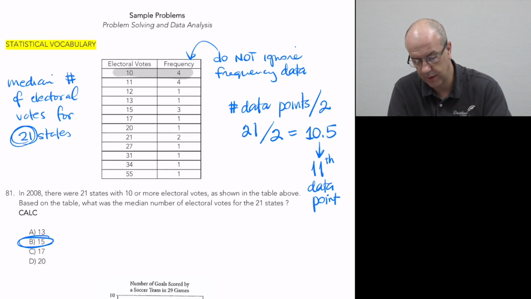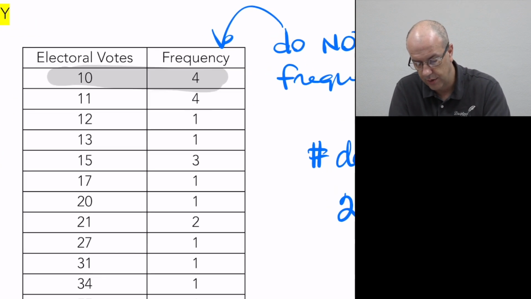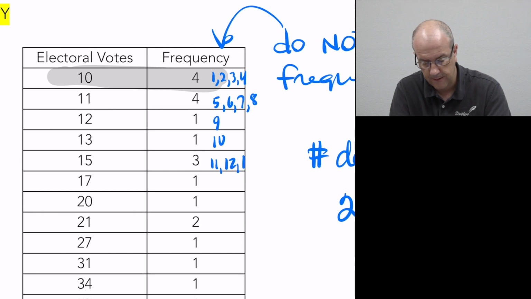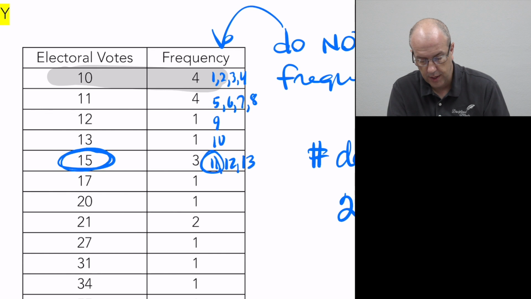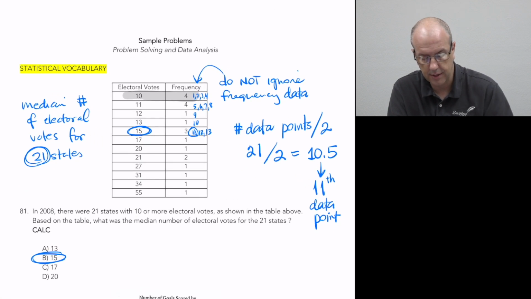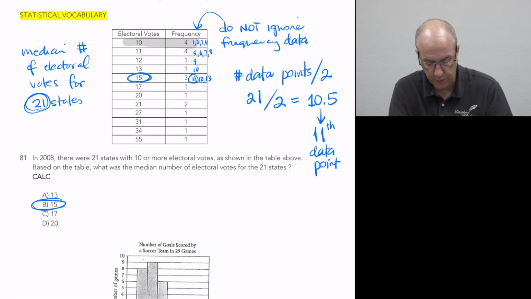So I would zoom in, I would look here, and I'd say, well, this is 1, 2, 3, 4, 5, 6, 7, 8, 9, 10, 11, 12, 13, right? And so my median is here, and the number of electoral votes is 15. So again, that's much, much faster to do than the previous methods that I just showed, right? So the take-home message is don't ignore the frequency data.